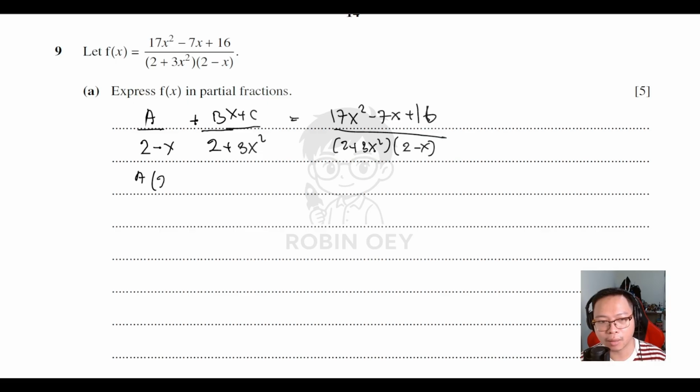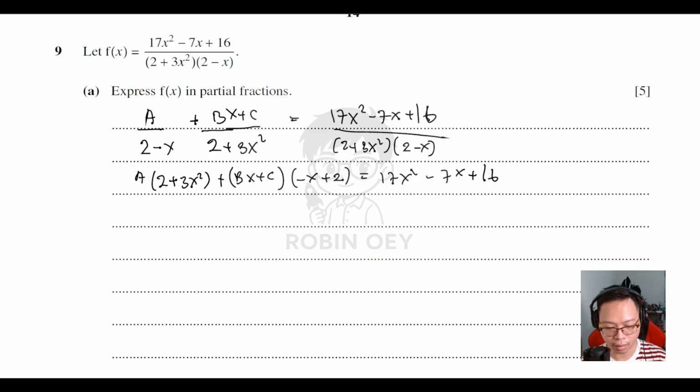A times (2 plus 3x squared) plus (Bx plus C) times (negative x plus 2), and that is equal to 17x squared minus 7x plus 16. Okay, now I just open the brackets everything.